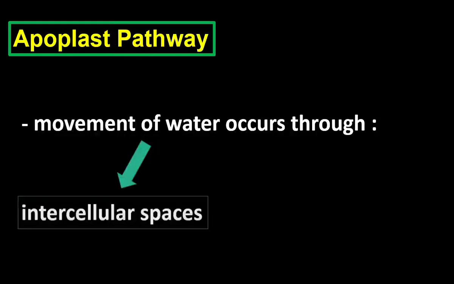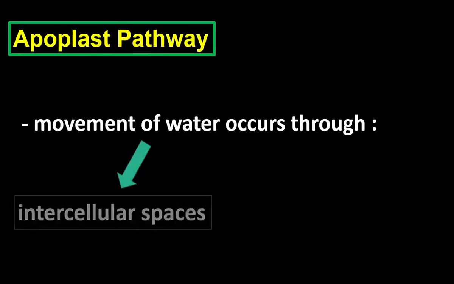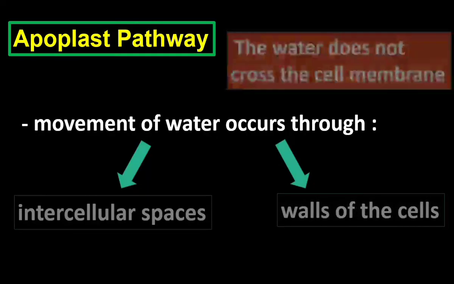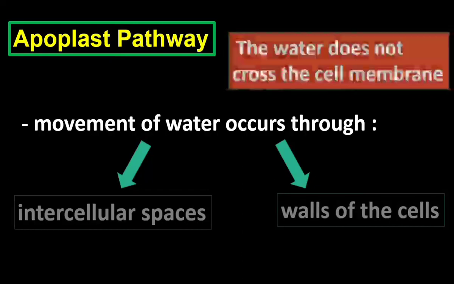In the Apoplast pathway, water movement takes place through the intercellular spaces and the walls of the cells. Water passes through the cell walls. The water does not cross the cell membrane.